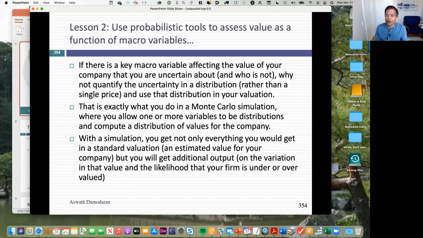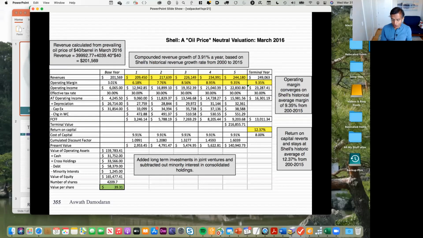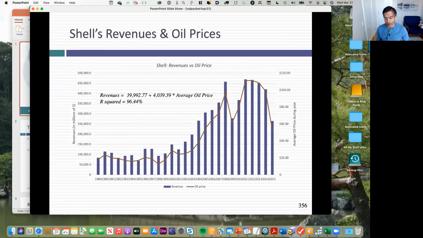It's not who runs ExxonMobil and where they will do their exploration, it's what will happen to oil prices. So I'm going to show you a valuation of Royal Dutch. I'll go to page 356 and then I'll come back to 355. I valued Royal Dutch in 2016. I did this for their finance group in Houston and again for their overall management in London. They said, can you value Royal Dutch? And I said, yeah, boring company, but somebody's got to do it.